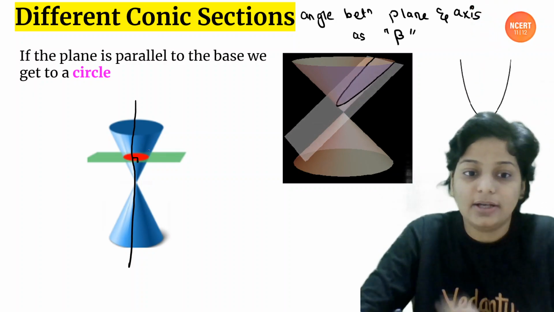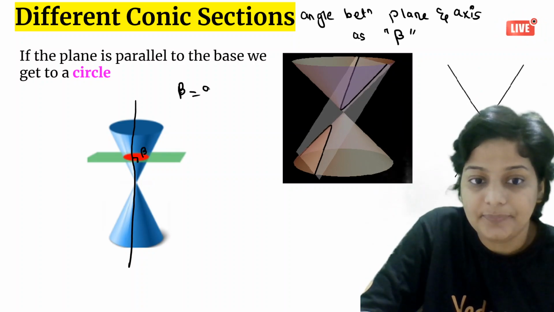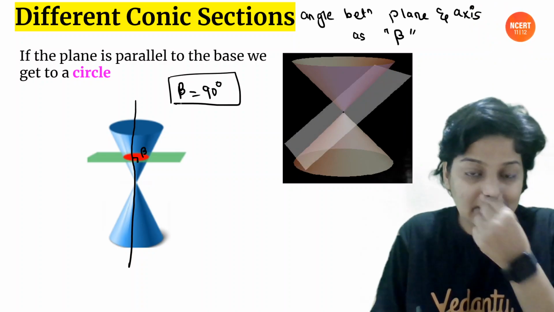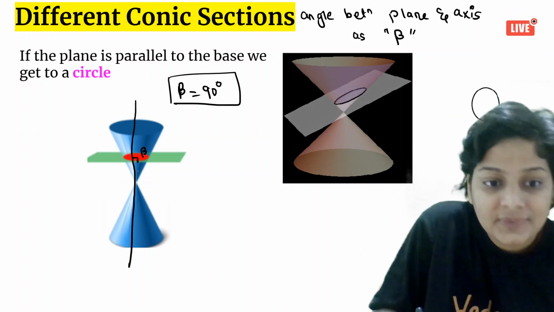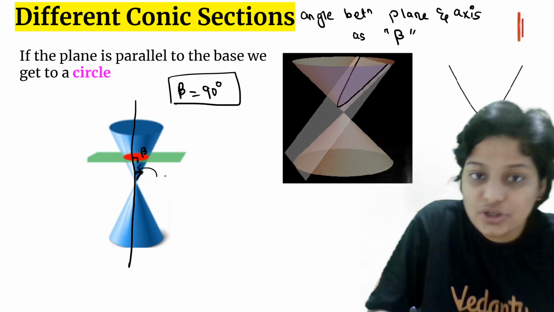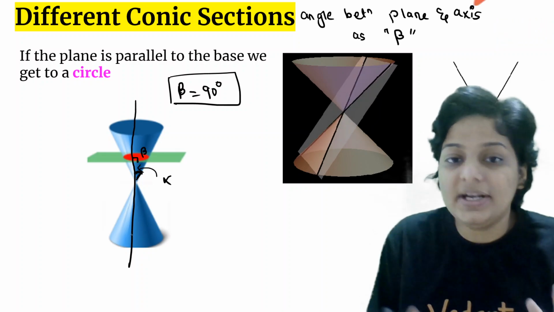I have called that angle beta. So here this angle beta is how much? 90 degrees. So whenever beta is equal to 90 degrees, you get a circle. This cross sectional area is a circle. Okay, this angle is alpha. Do not forget, this angle between generator and axis is alpha. So whenever beta is 90 you get a circle.